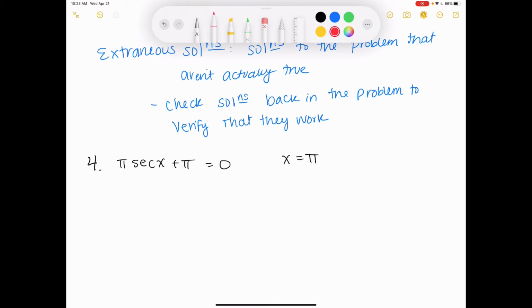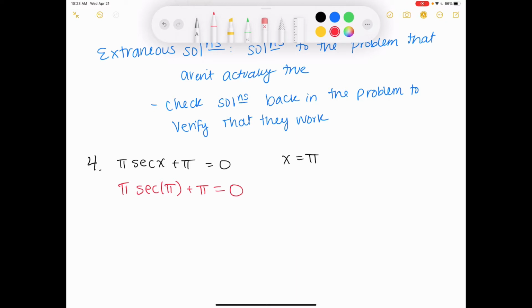I'm putting in pi for x, so pi times the secant of pi, plus pi is equal to 0. Okay, what would the secant of pi be? Think about cosine of pi.